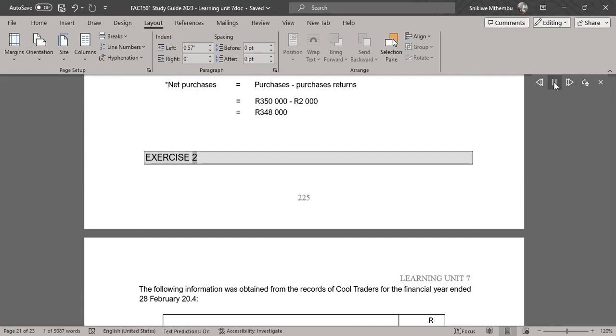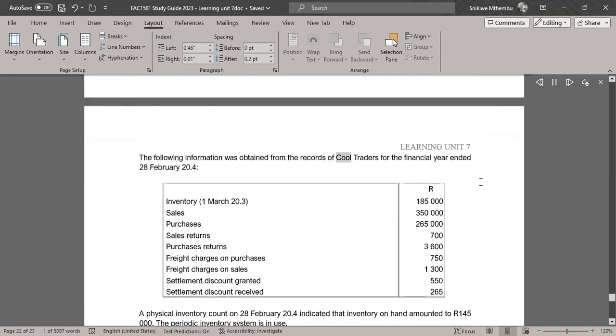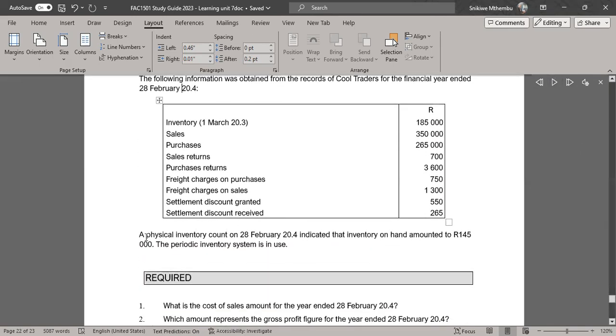Exercise 2. The following information was obtained from the records of Cool Traders for the financial year ended February 28, 20.4. A physical inventory count on February 28, 20.4 indicated that inventory on hand amounted to R145,000.